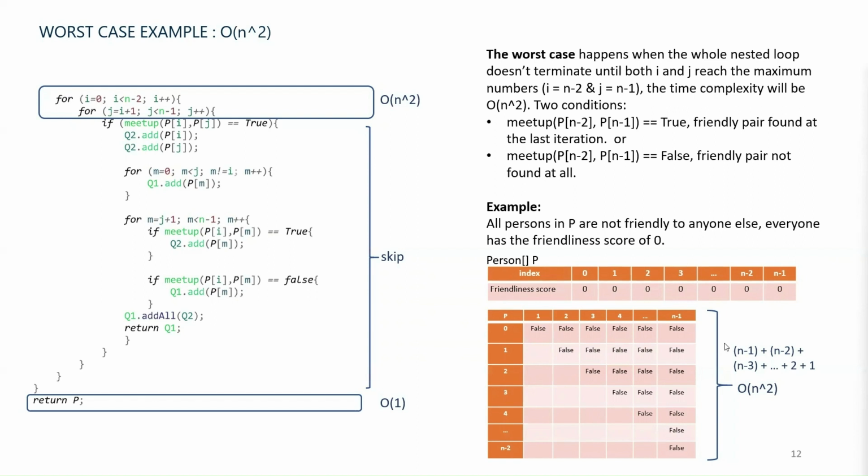The whole loop iteration will happen like this and will take O(n squared) time. If you look at the code, this part will be skipped. The whole iteration will finish and return.